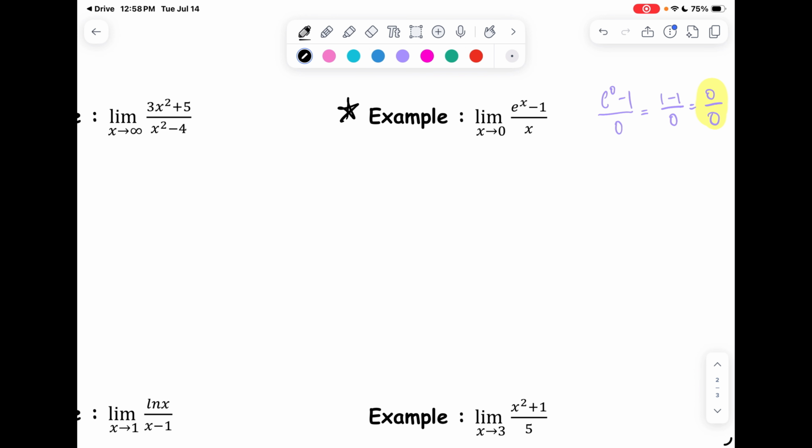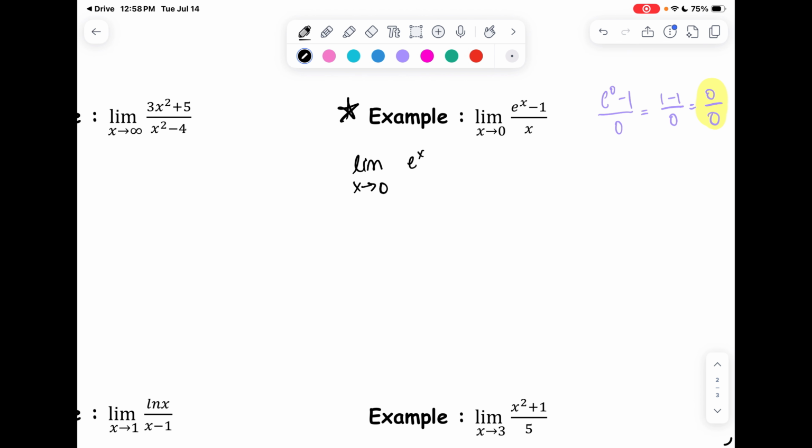When we want to use L'Hopital's rule, we are now going to differentiate the numerator and differentiate the denominator separately. So we're not going to be using the quotient rule. We're just going to individually differentiate each of the numerator and the denominator. So if we first look at our numerator, when we differentiate e to the power of x, the derivative of e to the power of x just stays as e to the power of x.